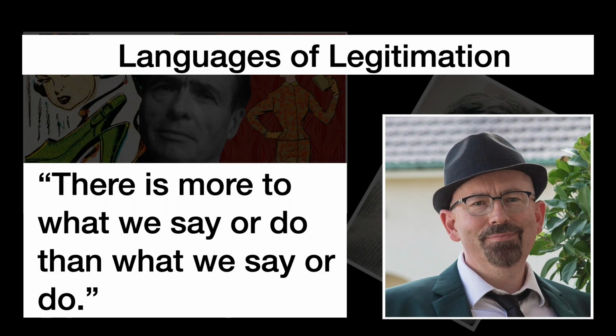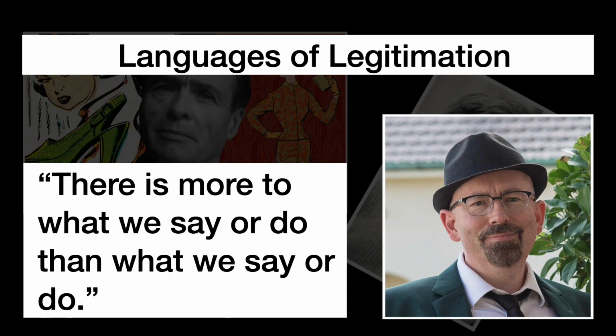Practices have legitimating codes or rules of the game. And LCT, you could say, aims to help the researcher make sense of these rules of the game. That is, make sense of these languages of legitimation. Sometimes these are referred to as codes, legitimation codes, hence the name Legitimation Code Theory.